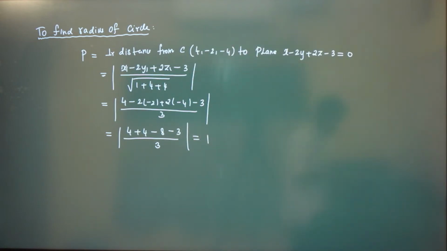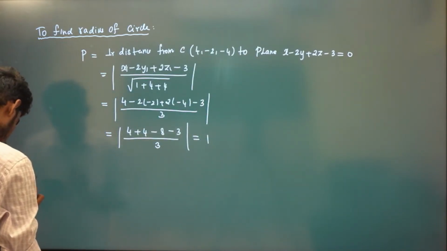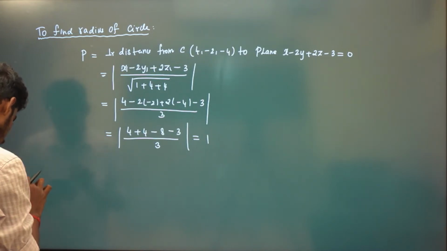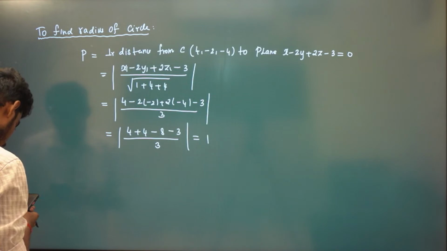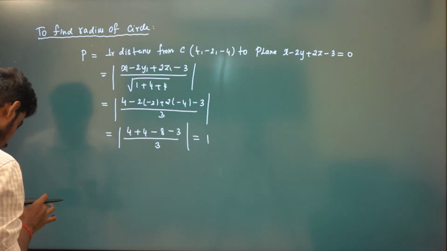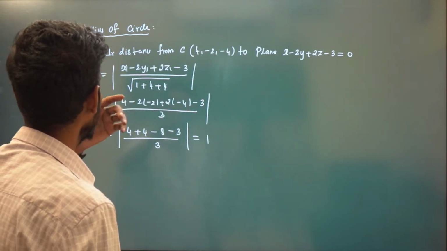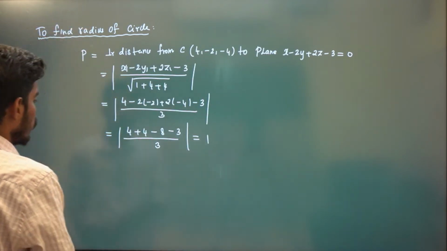After this, you can apply Pythagoras theorem now. Is it clear, right? Okay, we have P to be equal to 1.